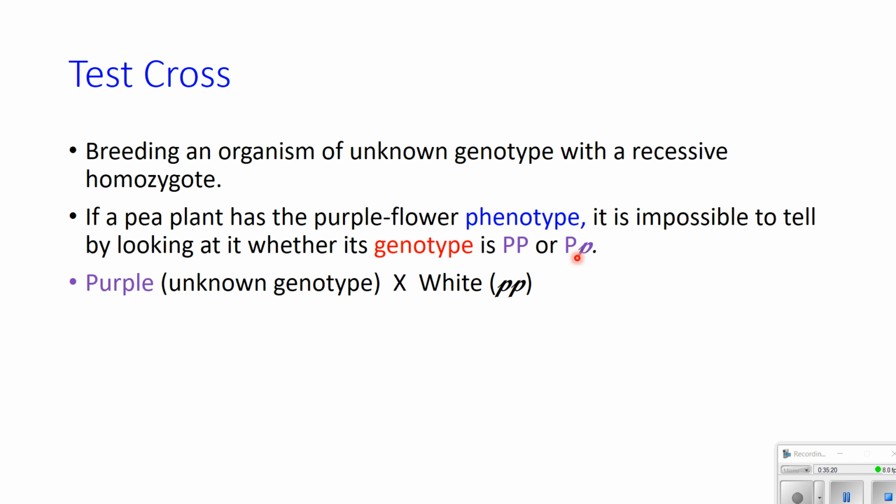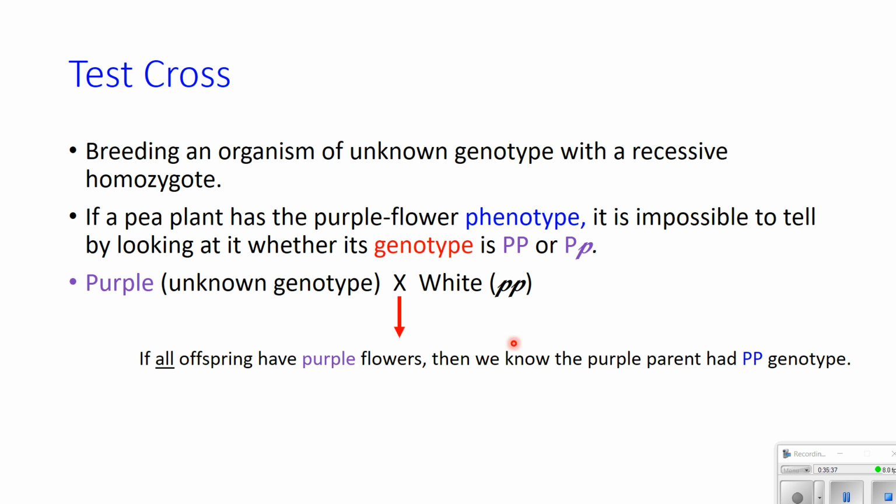But one way you could figure it out is to take that purple flowered pea plant and cross-pollinate it with a white pea plant, because you know the white pea plant has to be little p, little p. So if you cross a purple pea plant with a white pea plant, and if all of the offspring, every single one of them has purple flowers, well, then you know that this parent must have been big P, big P.